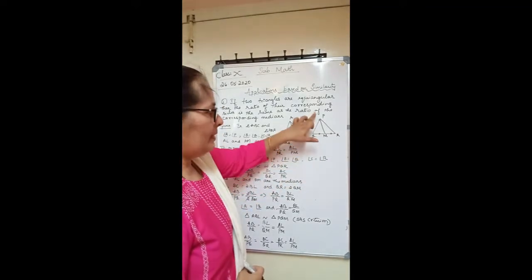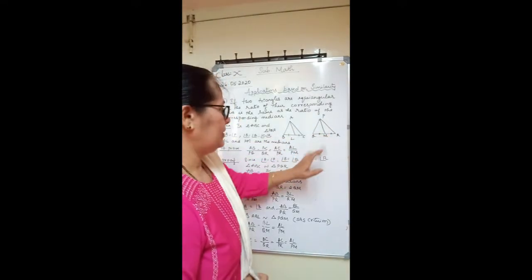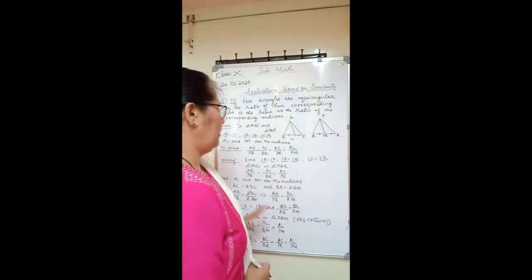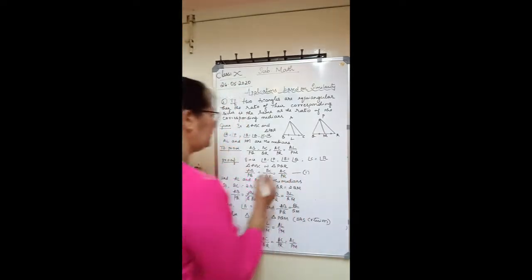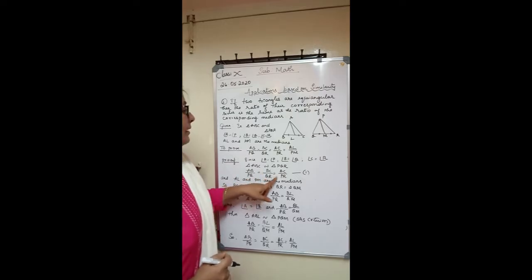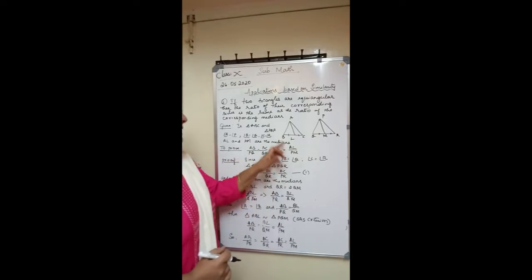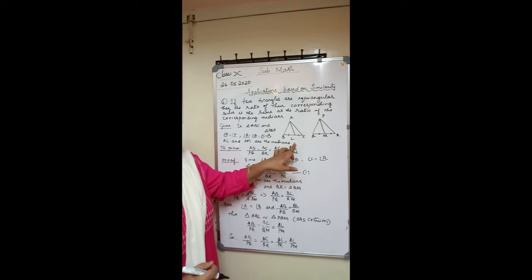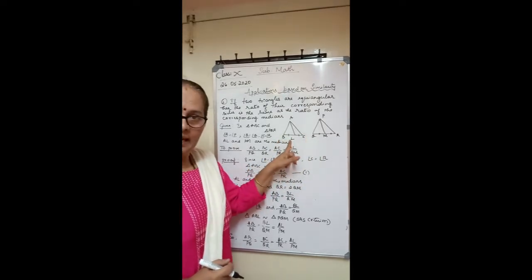And here, PM is the median which bisects the side QR, so that QM equals MR. Now, see here in this equation 1, AB by PQ equals BC by QR equals AC by PR. What is BC? BC is equal to 2BL. Why? Because AL is the median which bisects the side. So, we can write BC as 2BL.